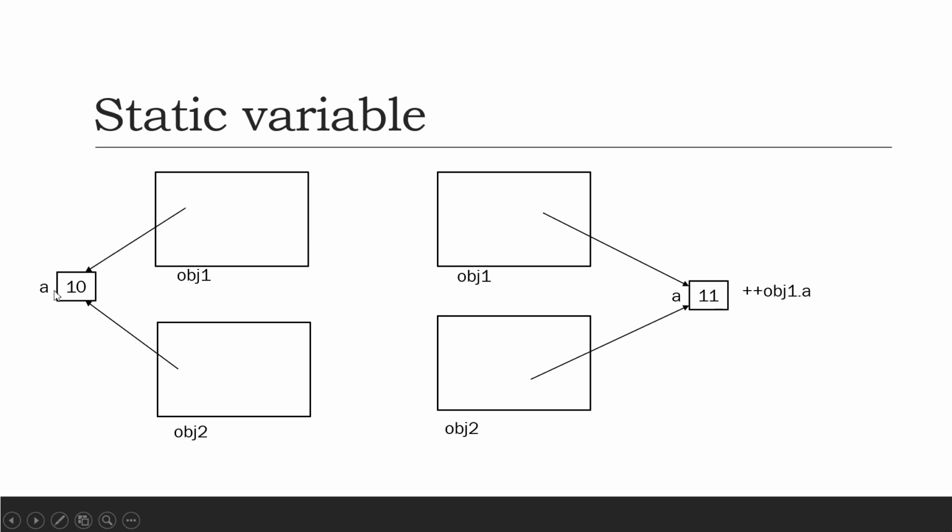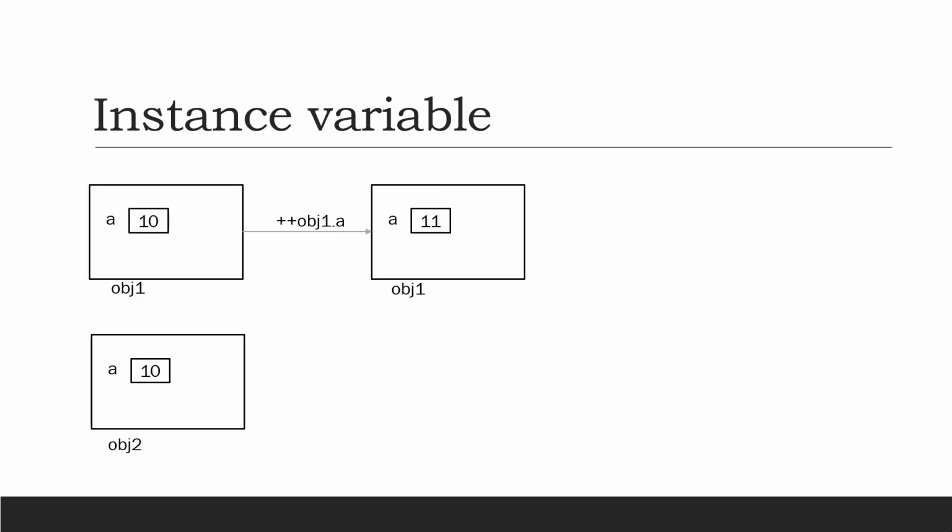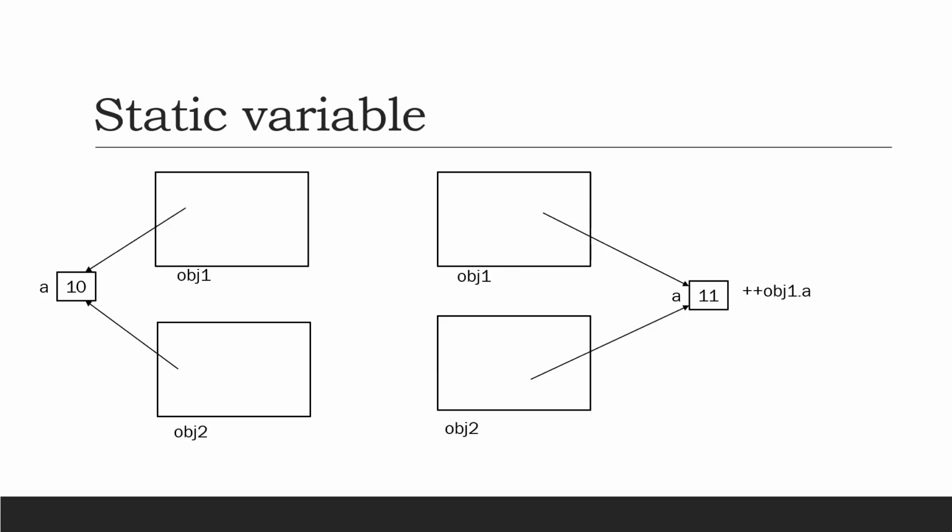So let's say we have created variable x with value 10, and if we create multiple instances, the same variable will be shared across the instances. In case of an instance variable, a separate copy will be maintained for each object, but for the static variable a single copy will be maintained for each object.